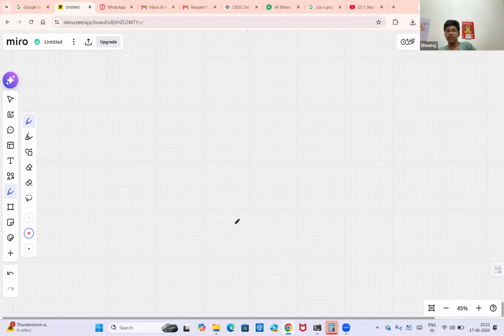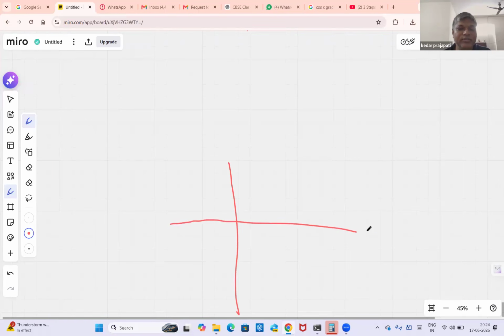For sine inverse, it was like this. And we drew like this. Just guide me, how did we do?